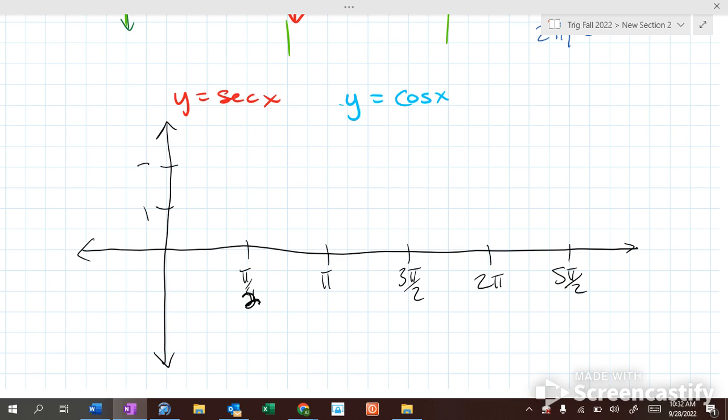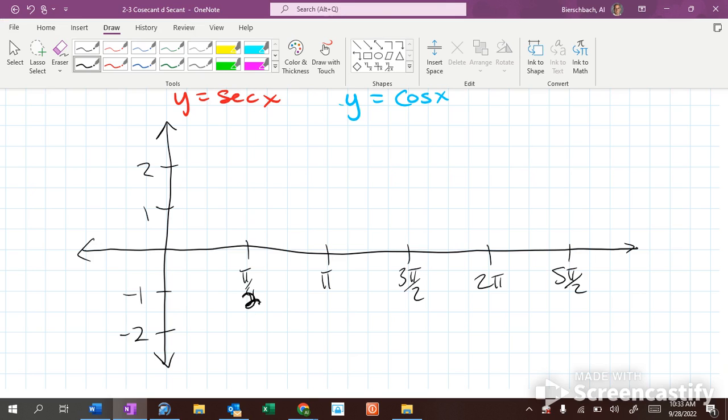So instead of doing all the big old charts like I did last time, it's the same process, so hopefully you'll get it.